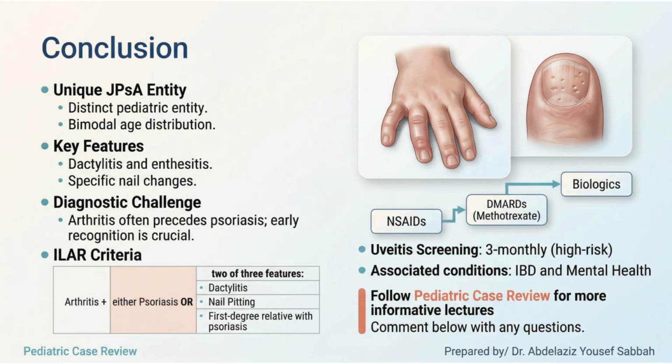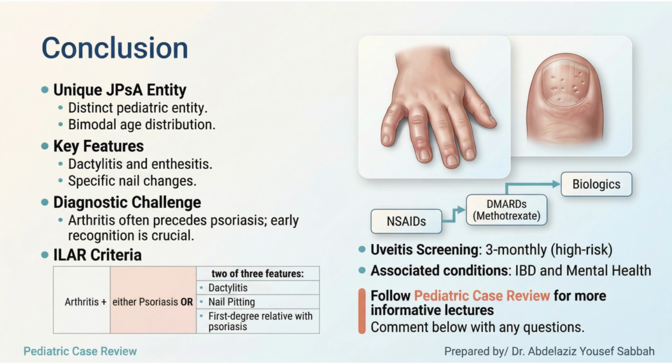To wrap up today's lecture on juvenile psoriatic arthritis, let us review the key takeaways. This is a unique pediatric entity with bimodal age distribution. Key features include dactylitis, enthesitis, and specific nail changes. Arthritis often precedes psoriasis, making early recognition crucial.